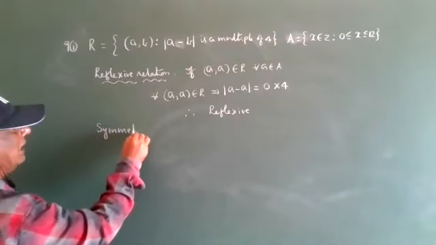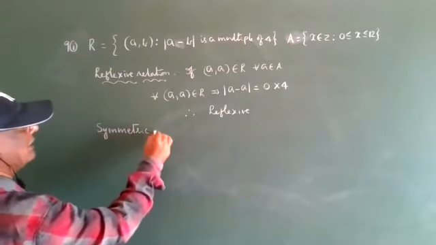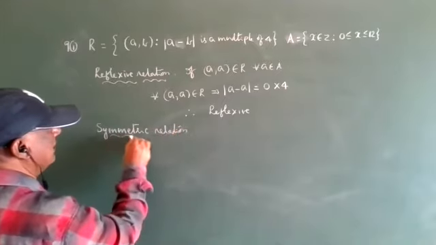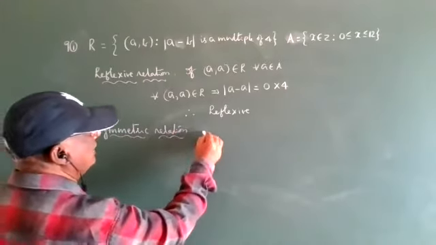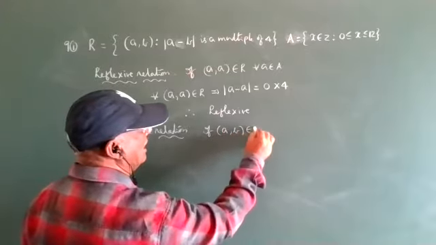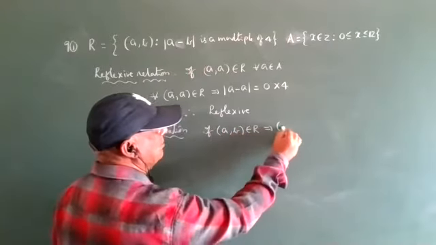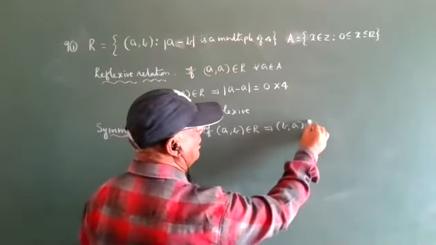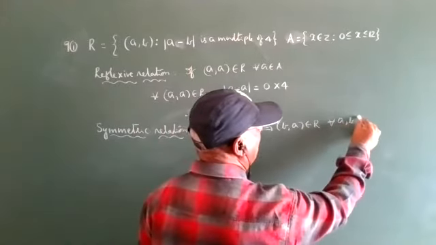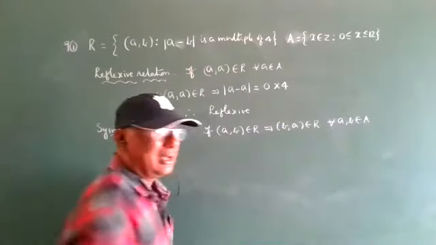Now write down the symmetric relation. First write down the definition: if A comma B belongs to R, that implies B comma A belongs to R, for all A comma B belongs to A set.